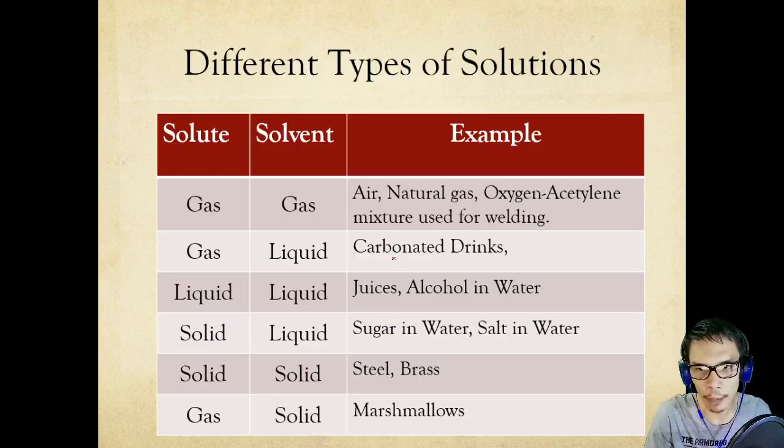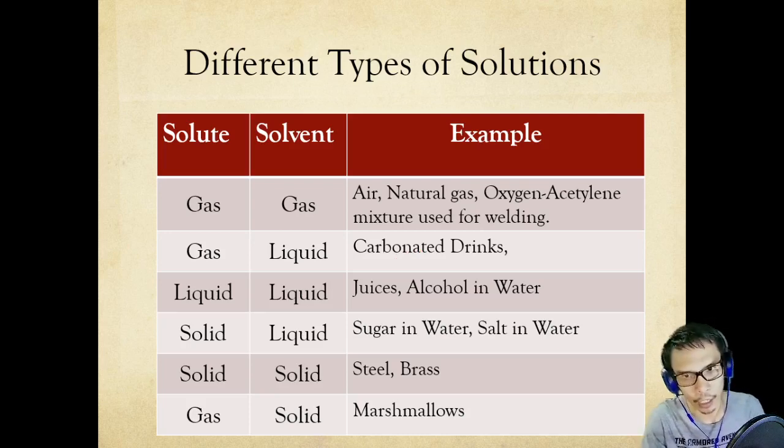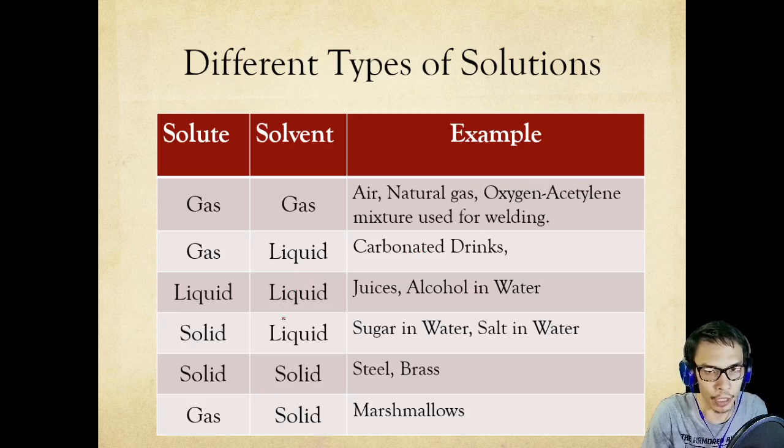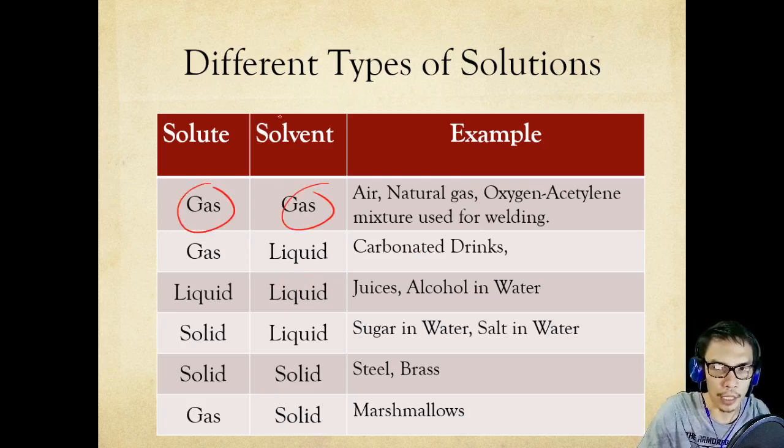There are different types of solution, not only solid and liquid, but also other states of matter. What we have right here is gas and gas. One gas is the solvent, and the other gas is the solute. A very good example of that is the air we breathe. The air we breathe is not pure.